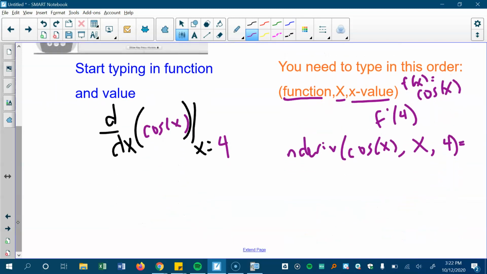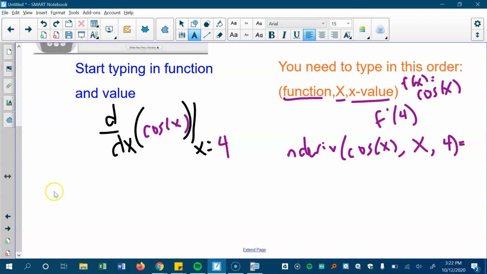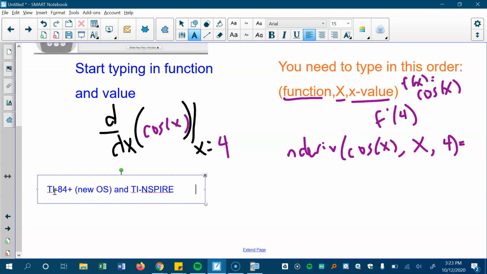I can tell you that the TI-84 Plus with the new operating system, and TI Inspire will give this type of format.